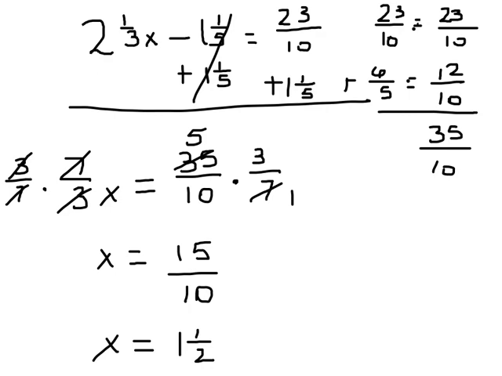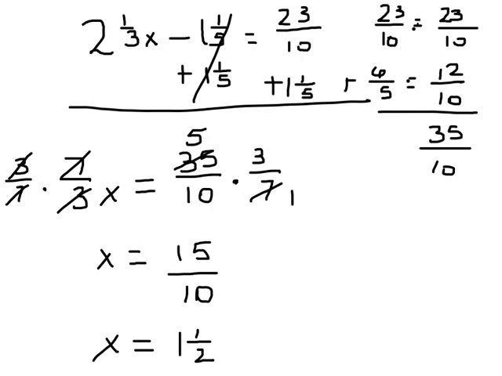Alright, here again in this example, 2 and 1/3 x minus 1 and 1/5 equals 23 over 10. Alright, so the first thing I've got to do is, negative 1 and 1/5 is close to the equal, so to get rid of that I'm going to have to add a positive 1 and 1/5.